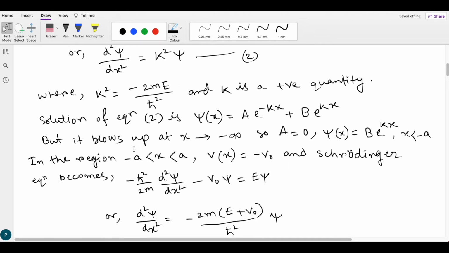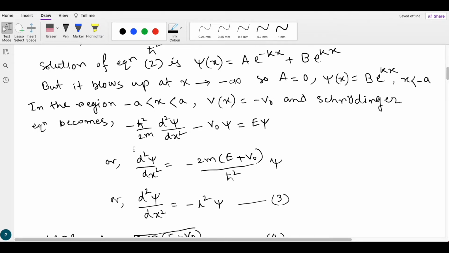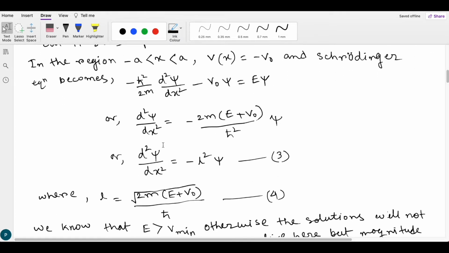So now let's move to the middle region, the region where the potential exists, where the Schrodinger equation becomes minus h bar squared by 2m d2 psi by dx squared minus V naught psi equals E psi.